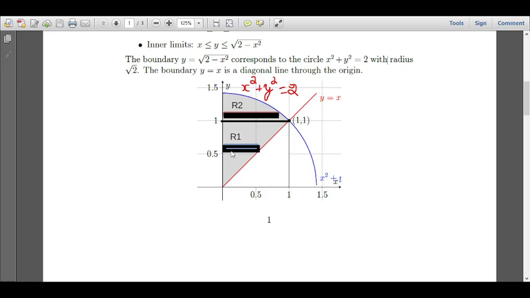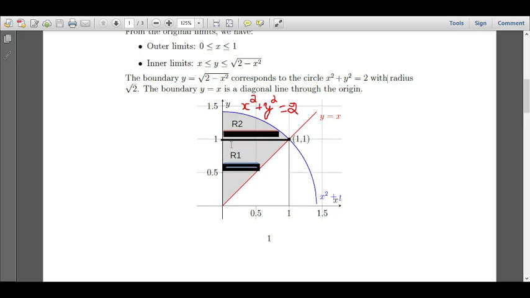So we draw the horizontal strip in region 1 and identify where this strip enters the region and where it leaves. It enters at x equal to 0 and leaves at the line x equal to y. So x varies from 0 to y, and y varies from 0, the lower boundary, to 1, the upper boundary. So y varies from 0 to 1, x varies from 0 to y are the limits corresponding to region 1.